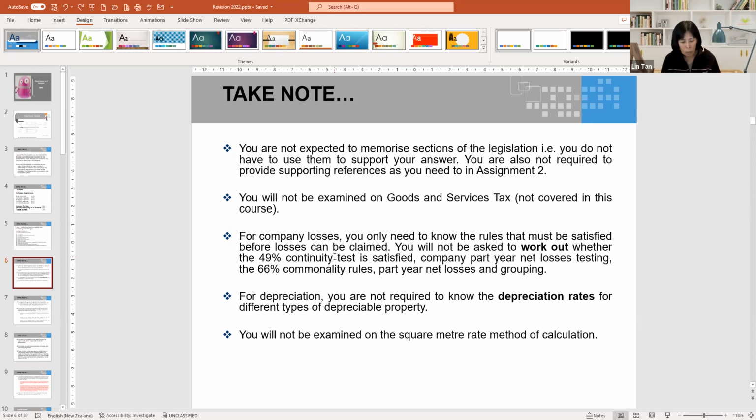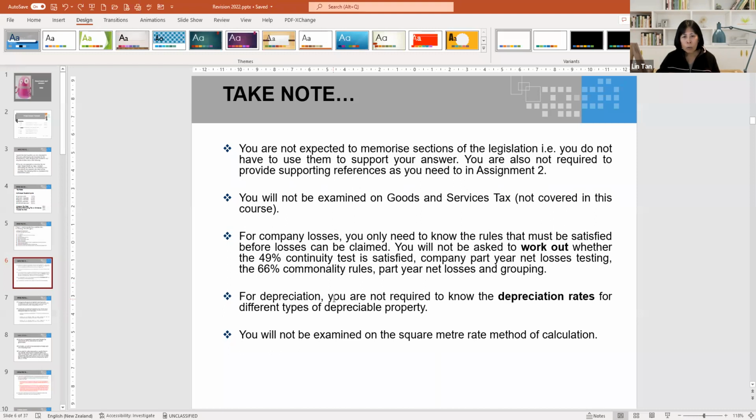So for this course, you are made aware of those rules and about those tests that apply. You will not be asked to actually calculate them, such as how you calculate the 49% test or the 66% test. So no calculation involved, but be aware of these additional conditions that apply to companies when they want to claim losses.